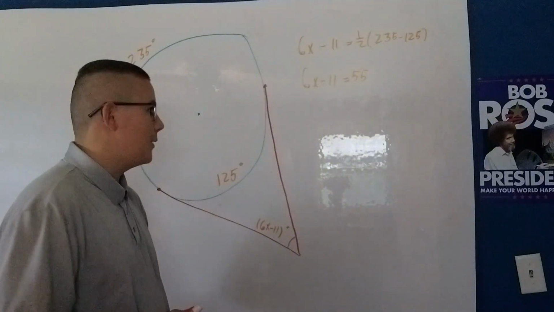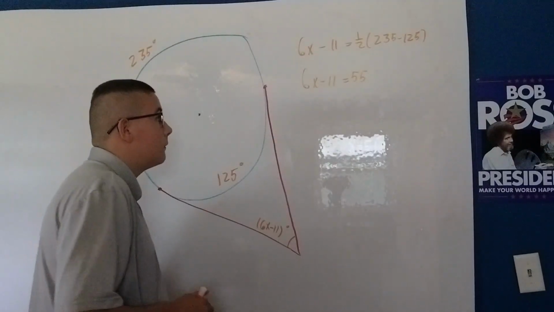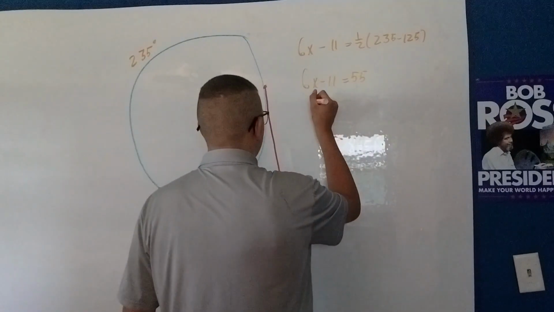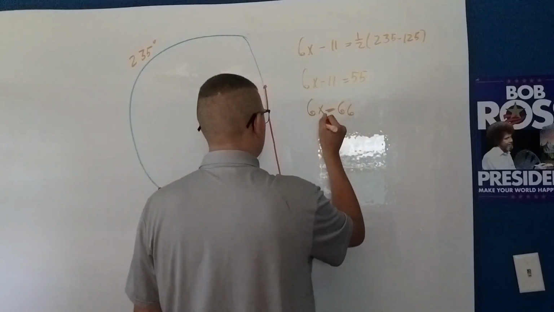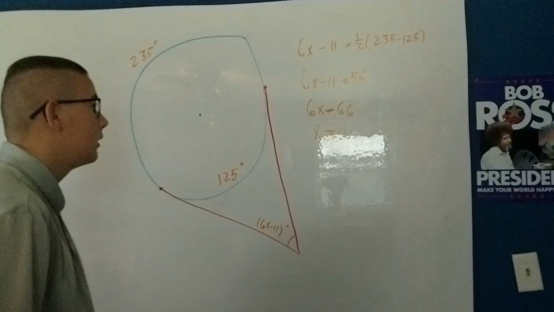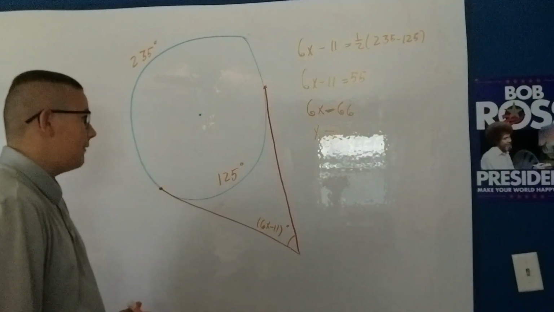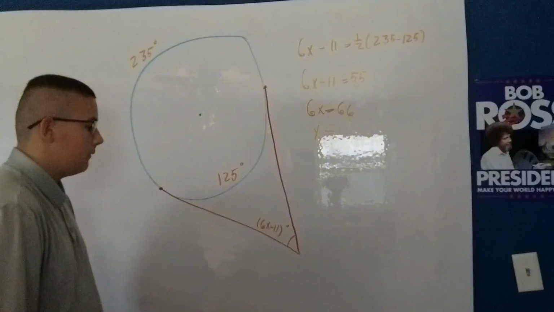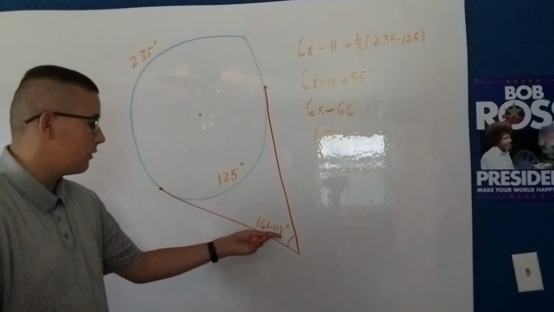I'm sure you were right, but it should just be normal 11, like that. And then from there, if we add 11, we get 6x equals 66, and x equals 11, like that. And that's your answer. X equals 11. And if you wanted to plug that in, you get this entire angle here is worth 55.